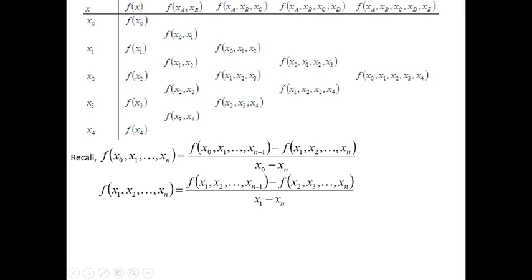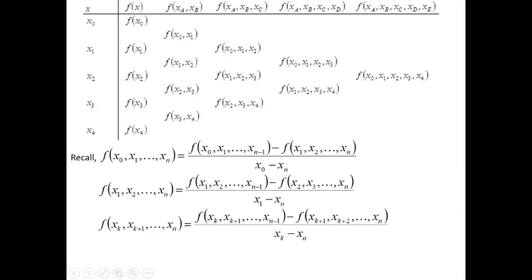If we start with x sub 1, this is replaced by x sub 1, x sub 0. So then we can replace 1 by k. So we have x sub k, x sub k plus 1, x sub n, and so forth. So just a variation of the formula, but still the same. We will arrive with the same answer.